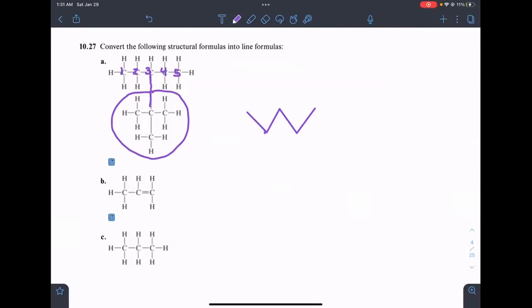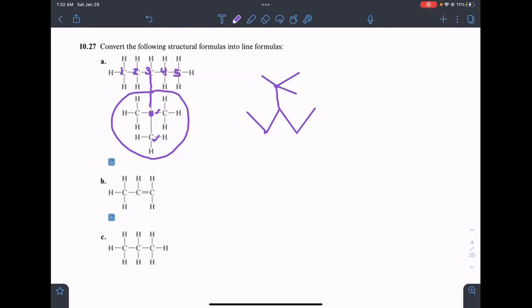So I'm going to have my substituent come off of the main chain. And then I want to go one more. So that's this carbon and this carbon. Now, this carbon right here is this carbon right here, and I have 2 more carbons attached to it. So this way. And it doesn't really matter how.